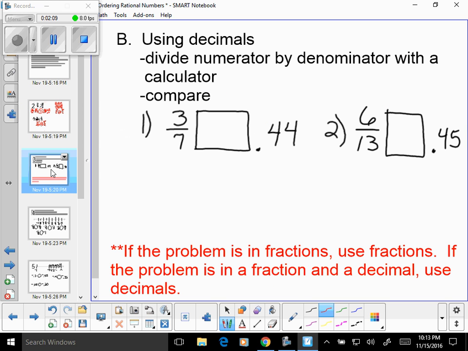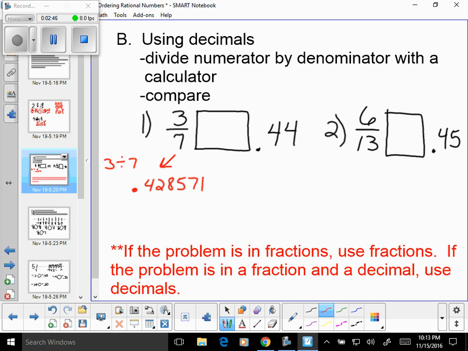If we're going to do decimals, the biggest thing you want to watch out for here is the fact that quite often they are going to give you a fraction that ends up with a repeating pattern. So if I get my calculator out, you are going to take the top number divided by the bottom number. And that is going to give us quite a repeat pattern of 4, 2, 8, 5, 7, 1, which we are going to now compare to 0.44.